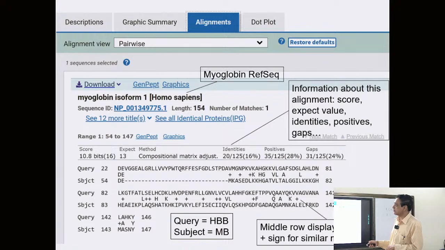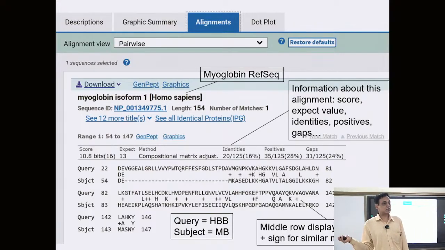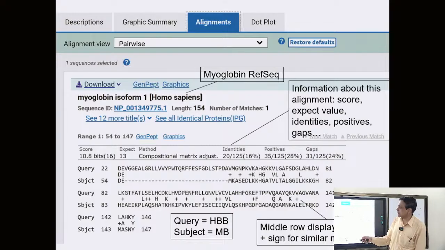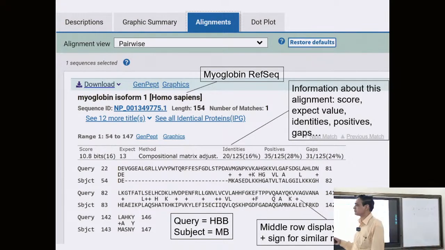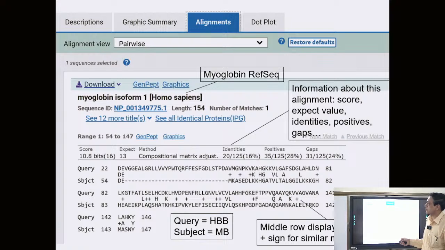In the middle row, you can see the identities, the matches, shown by the one letter code of amino acids. You can see D aligned to D, D, and then E aligned to E, E, and so on. Percent identity only 16%, positives I will get to in a moment, and then gaps.